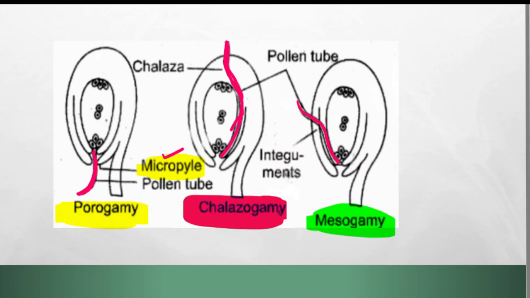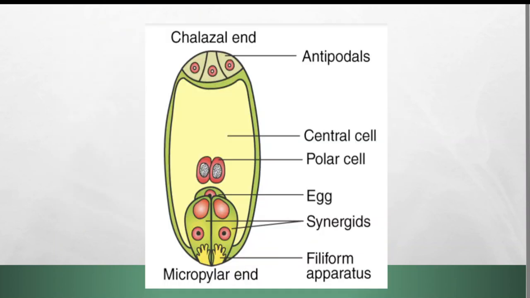Now we will come towards double fertilization. See, we remember the structure of the ovule and embryo sac. First of all, double fertilization is a complex event. The first time double fertilization was observed was by a scientist named Navashin.